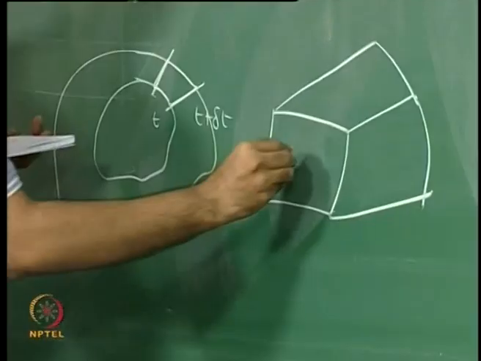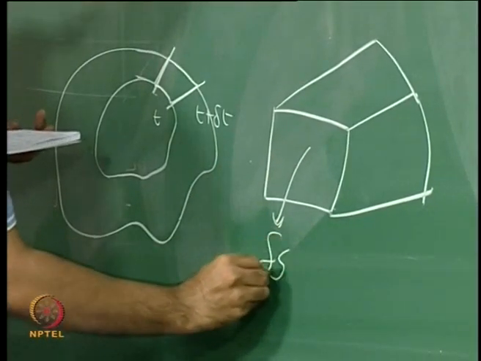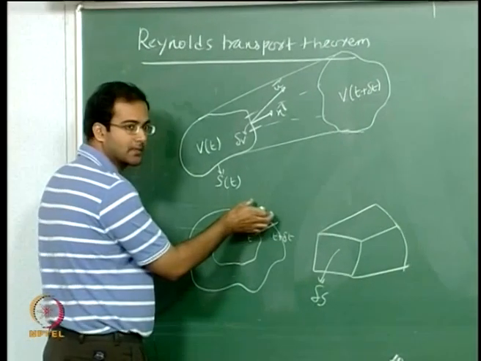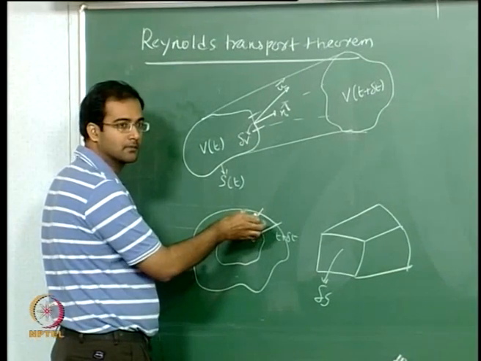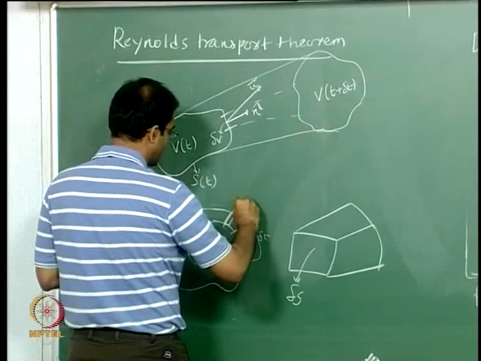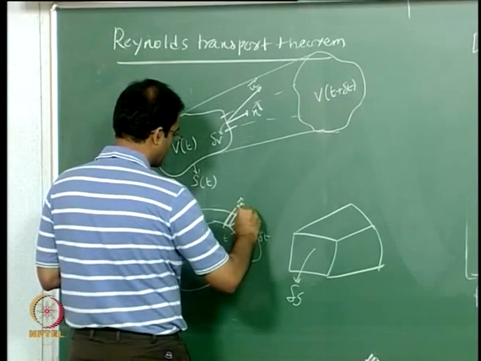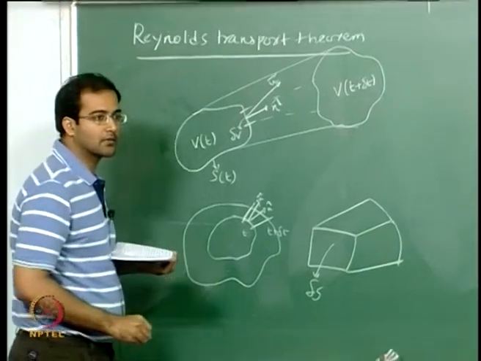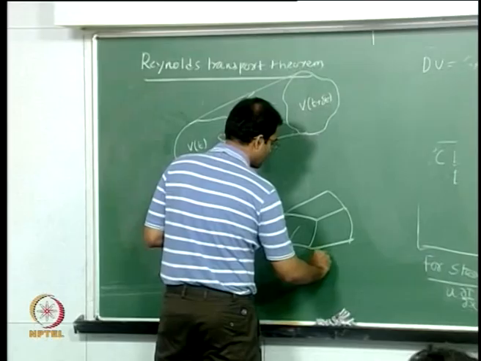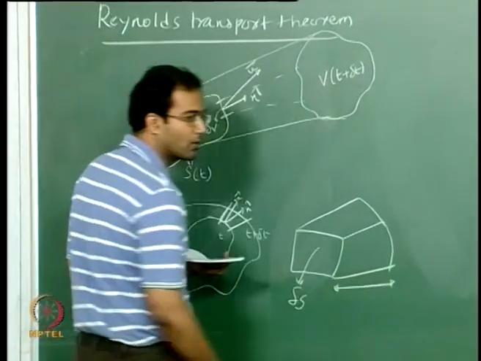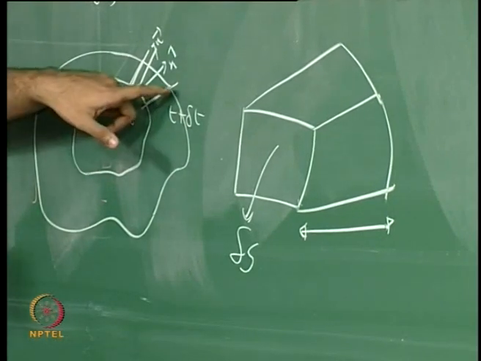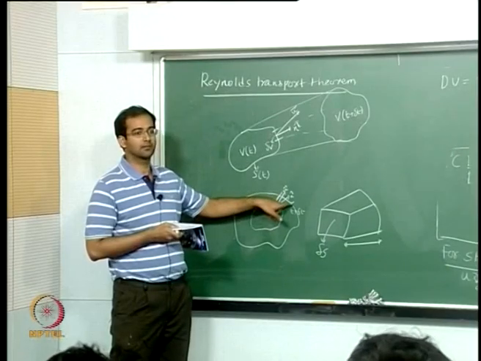So this is my differential surface delta S, corresponding to this volume. I am just drawing a 3D representation of this particular segment alone. Now you know that this has a velocity vector like this and this has a normal like this. If you align the velocity vector in the direction of the normal, how can you calculate the distance between these two volumes, the displacement from this position to this position?